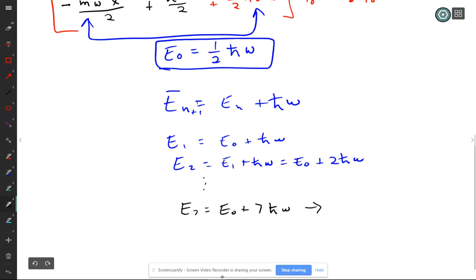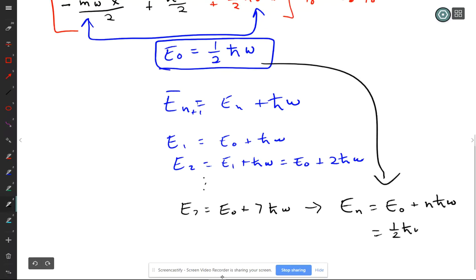So in general, E sub n is equal to E0 plus n h bar omega, and E sub 0 was 1/2 h bar omega. So that means E sub n is equal to (n plus 1/2) h bar omega.